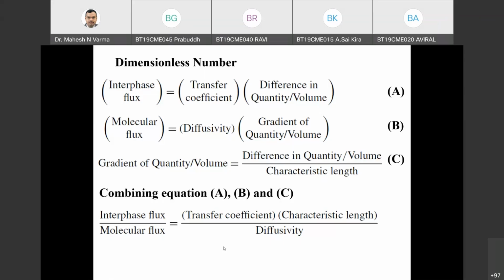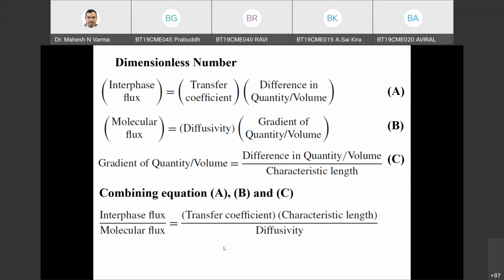What is the dimensionless number now? So V_CH into L_CH divided by mu by rho, that is rho V L divided by mu.